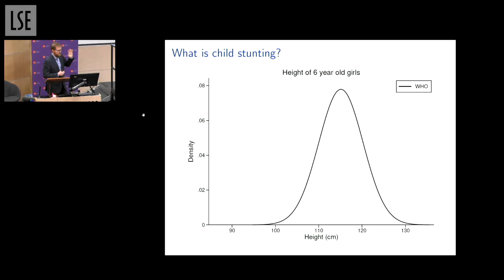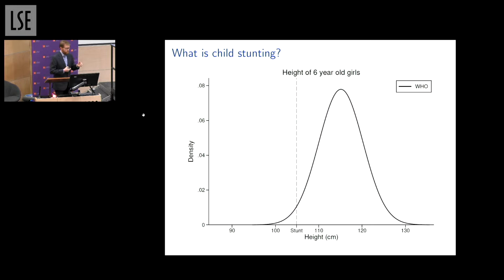So this is the distribution of healthy 6-year-old girls. Notice that there are short girls and there are tall girls, and there's quite a variation in height among healthy children. 70 to 80% of height variation within populations is driven by genetics. So that's clear in how this is working.